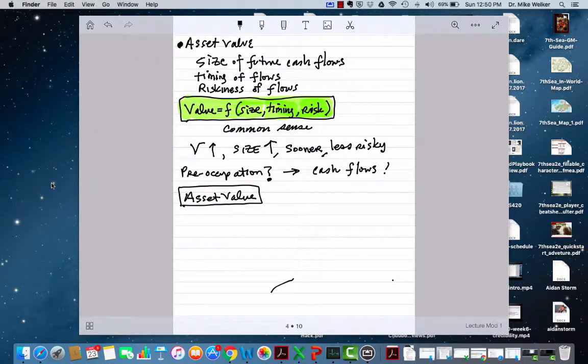We might know the asset value. Now we need to make sure, and this is the key to operating a successful business, that the asset value exceeds the asset cost.